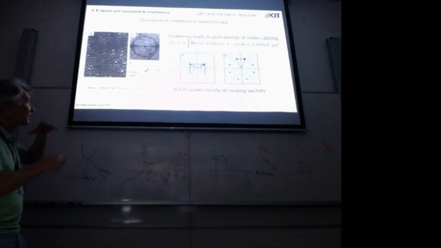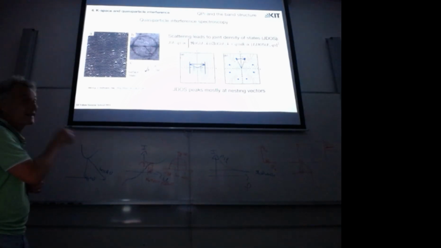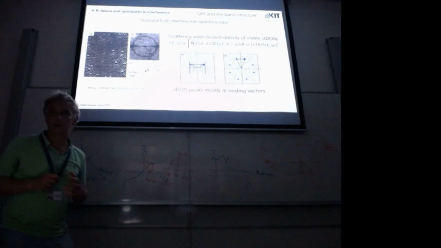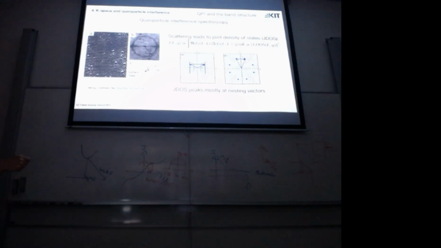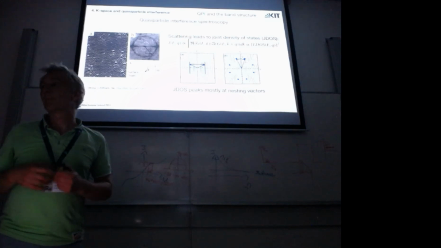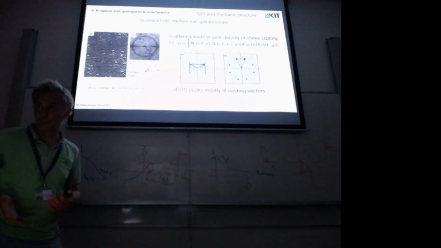So you don't directly see the Fermi surface. This would be a circle with kF diameter, but you see the correlation, the joint density of states. So you need to deconvolve it to really get the dispersion. But in principle, STM can measure dispersions this way.